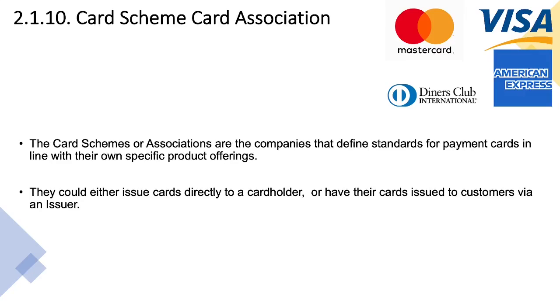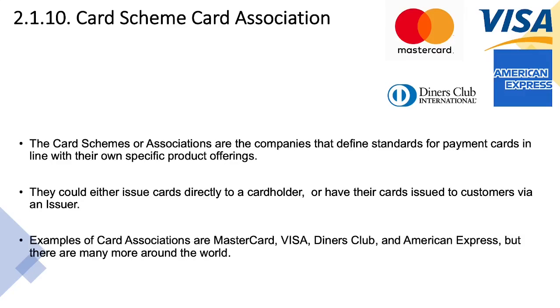For the purpose of this training session, we will focus on the international card schemes, and specifically Mastercard and Visa. These card schemes could issue cards directly to cardholders. A typical example is Discover or Diners Club. Or they could have banks issue branded cards to the bank's customer base. So, for example, Bank ABC would issue a Visa card to its customer. We've already spoken of the examples, but there are several more throughout the world.